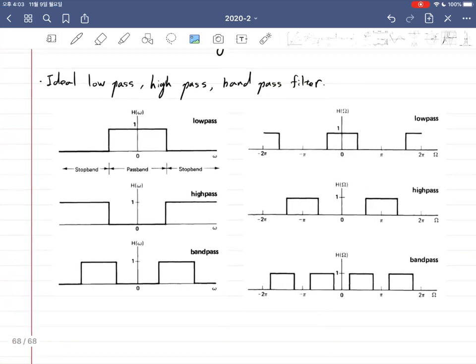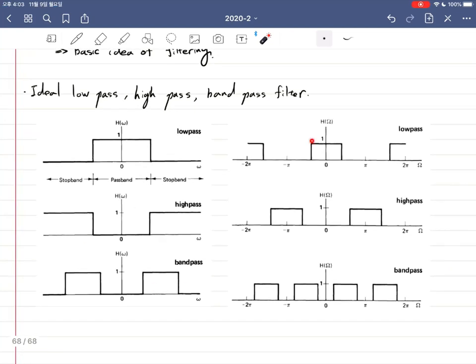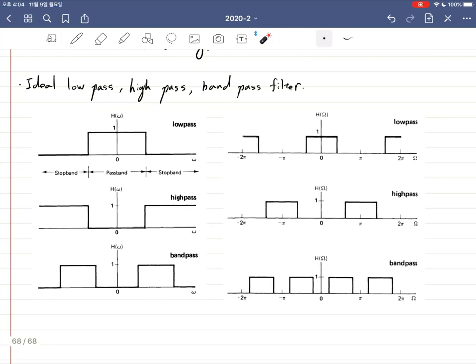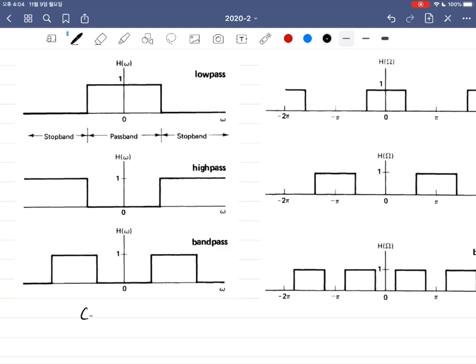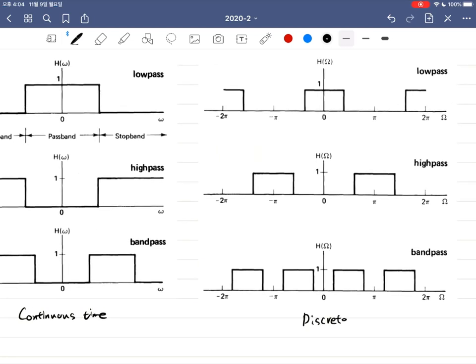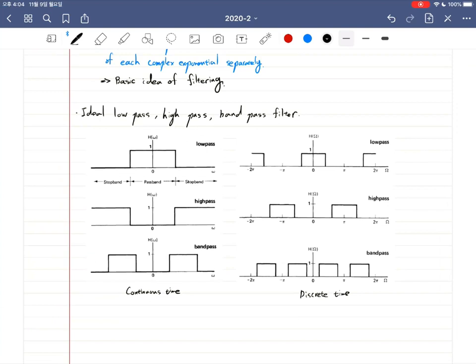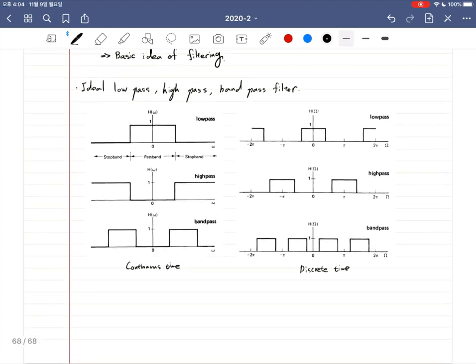The left one is the continuous time filters, and the right one is the discrete time ideal filters. So the filters are like a frequency response, so it's a system, okay?